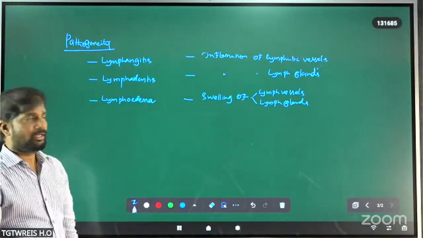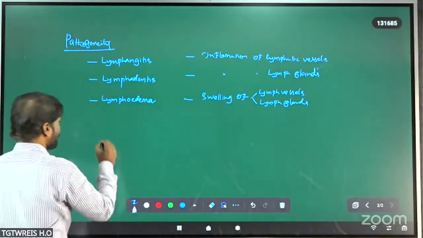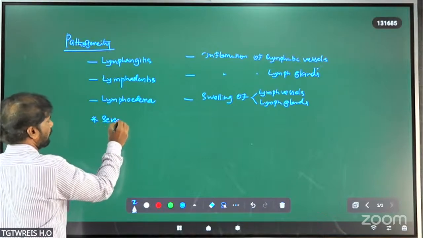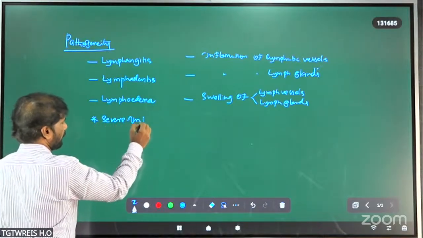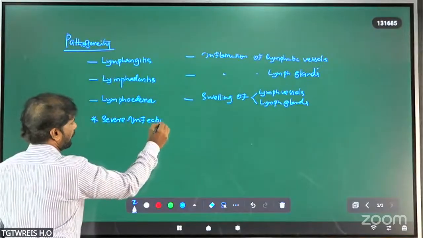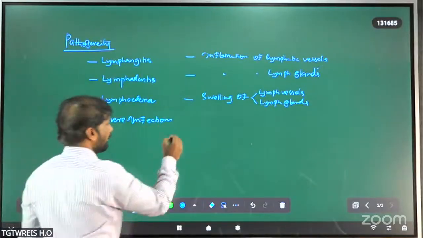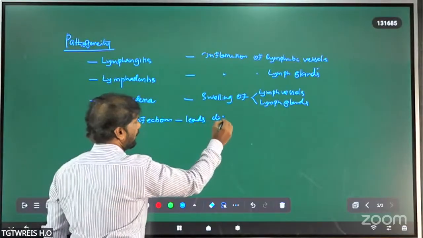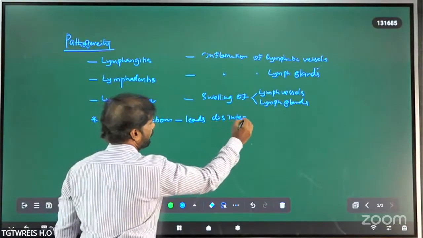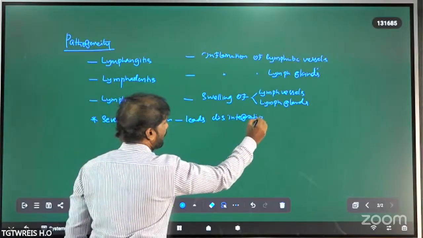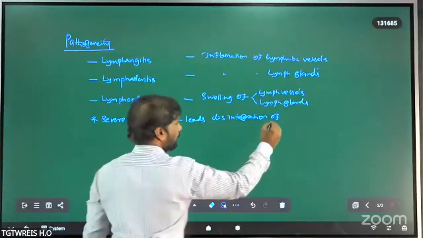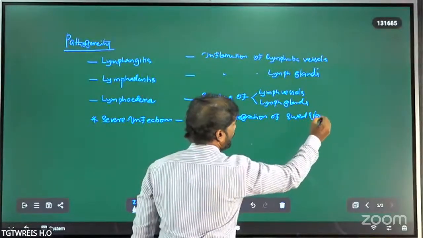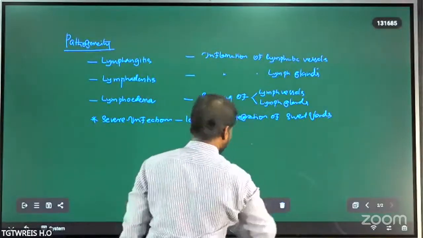Lymphoedema. And when a severe infection takes place, the severe infection leads to the disintegration of the sweat glands.